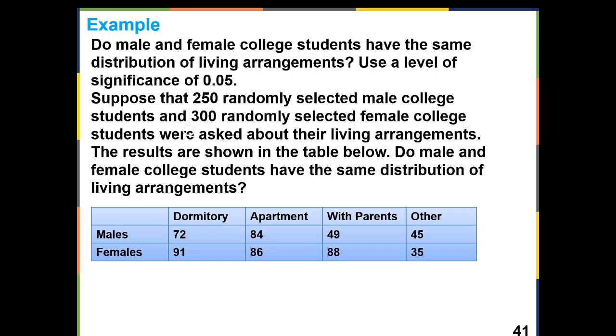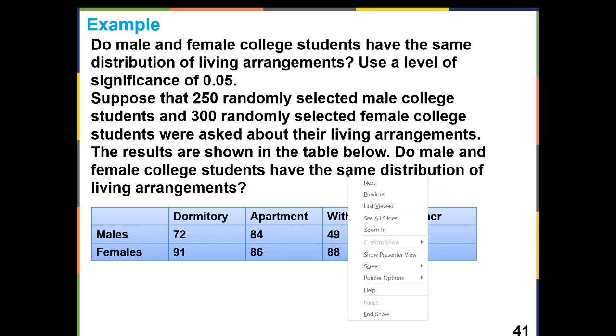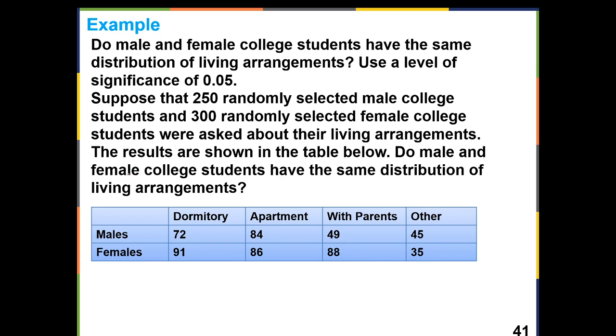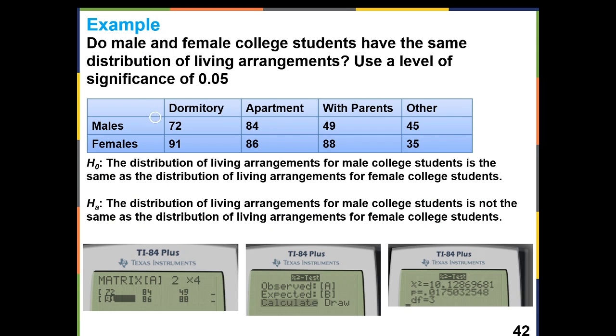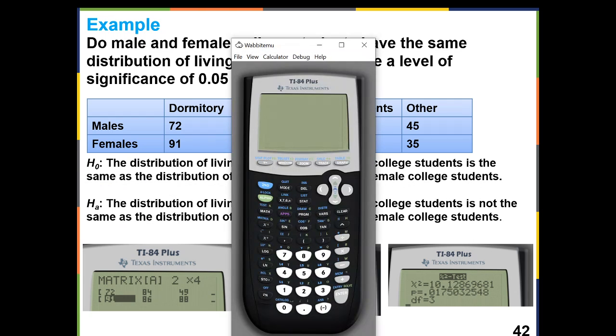Okay? So suppose 250 randomly selected male college students and 300 randomly selected female college students were asked about their living arrangements, and the results are in this table. So do male and female college students have the same distribution of living arrangements? Well, what we're going to do is the same thing we did with independence, right? So we go to the calculator and create a matrix.